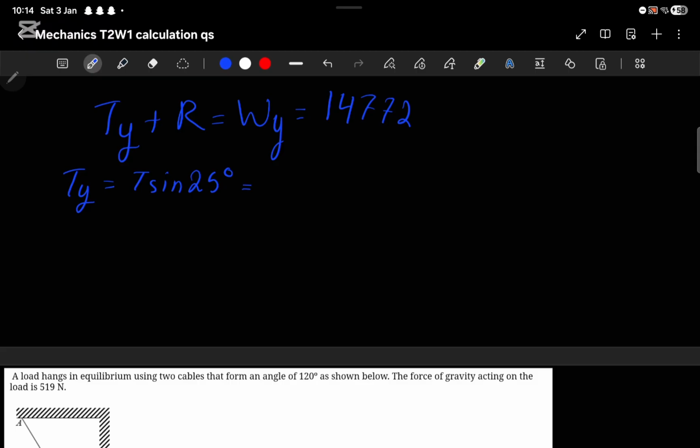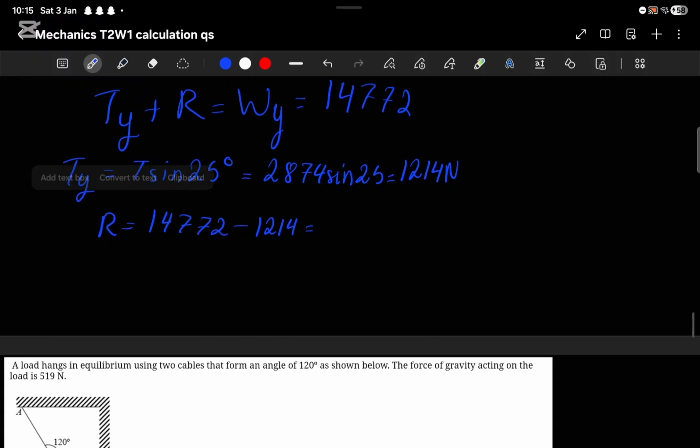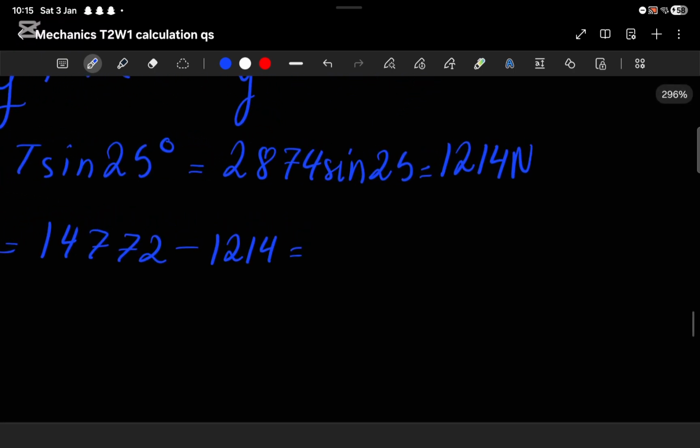We found T. T was 2,874 sine 25, which equals 1214 newtons. So, R is what? 14,772 minus 1,214, which is 13,557.39. But this isn't exactly accurate because I rounded.